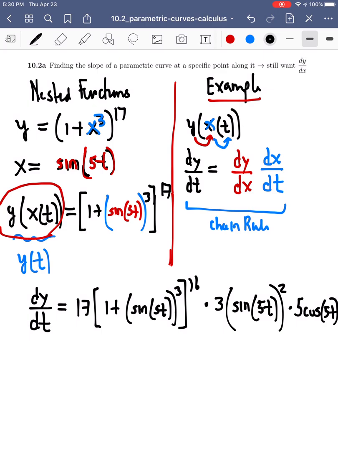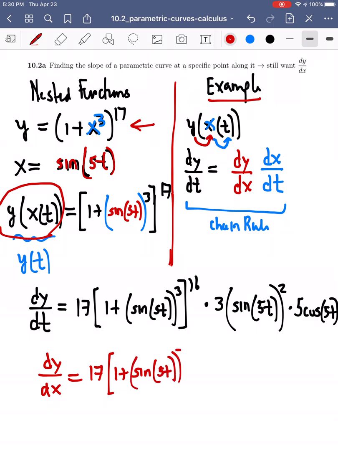So, remember our y of x function. dy dx from above. Well, just differentiating that gives us 17 times the quantity 1 plus sine of 5t, that whole thing cubed, to the 16th power.